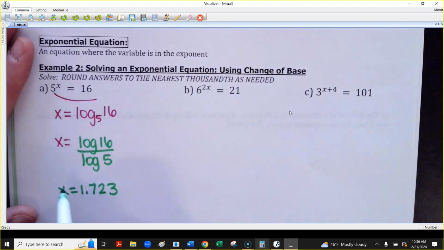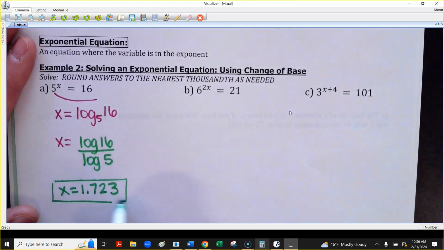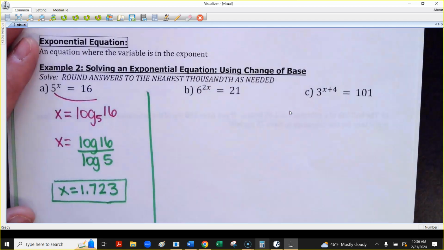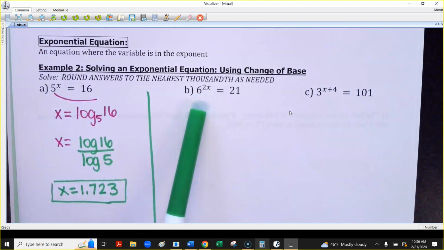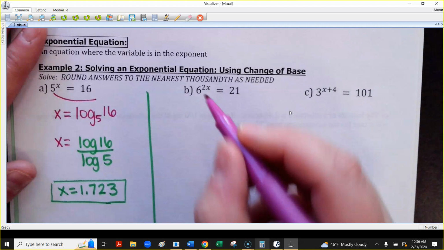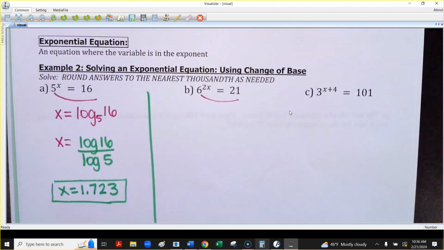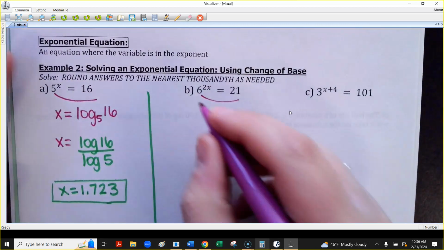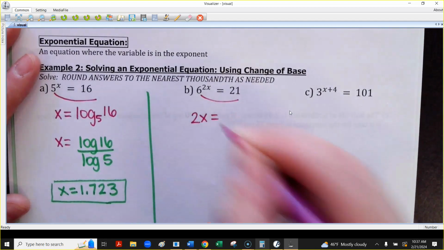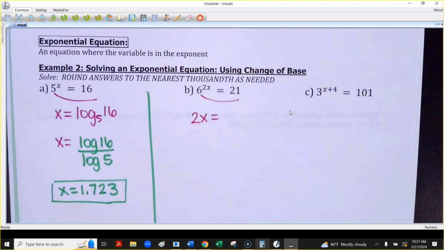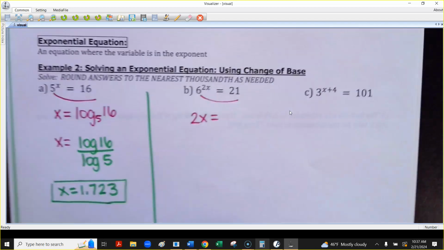Okay, now, some of the rest of these are a little trickier. So this exponent's got 2x, but I'm going to do the same process. We're going to swoosh the 6 to the other side. It brings the 2x down on the level with the rest of the equation, so it's no longer an exponent. I'm getting rid of the exponent by converting this to a log. Now, the 6 becomes the base of my log.